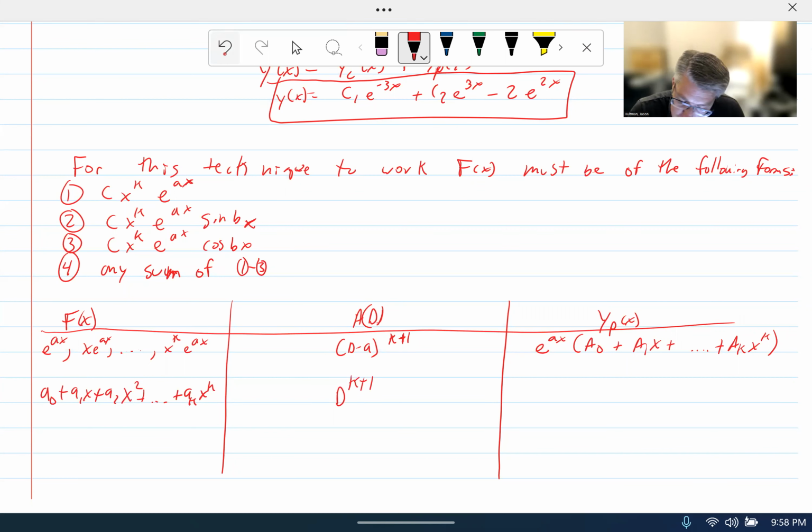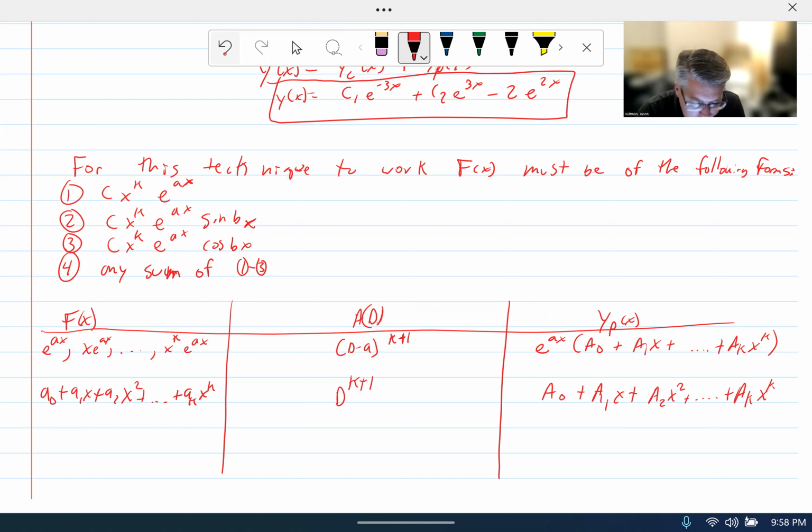And then this just becomes a naught plus a1 x plus a2 x squared plus dot dot dot plus a k x to the k.